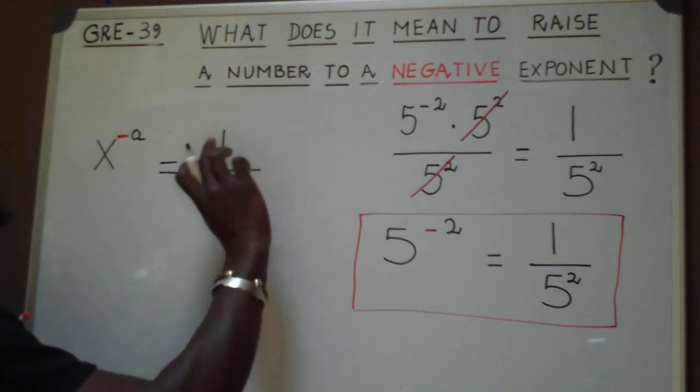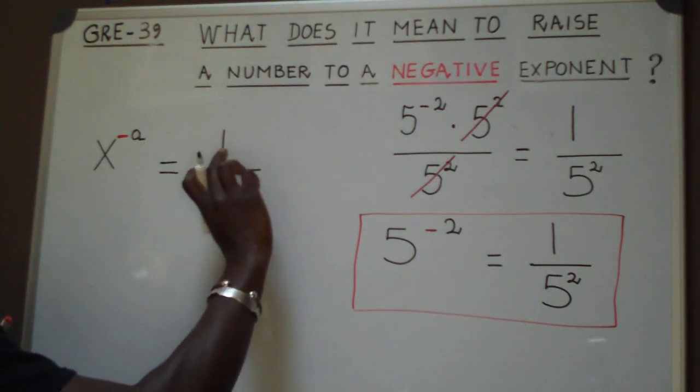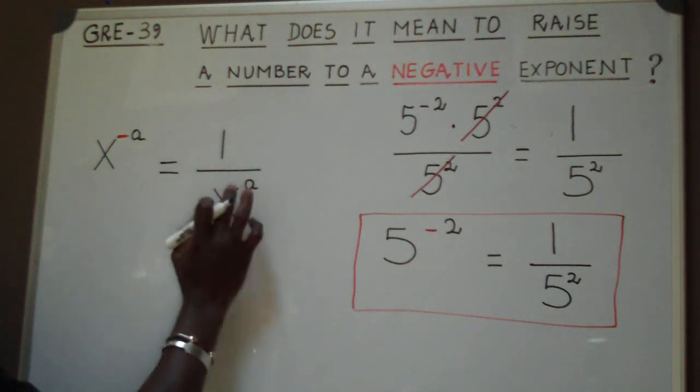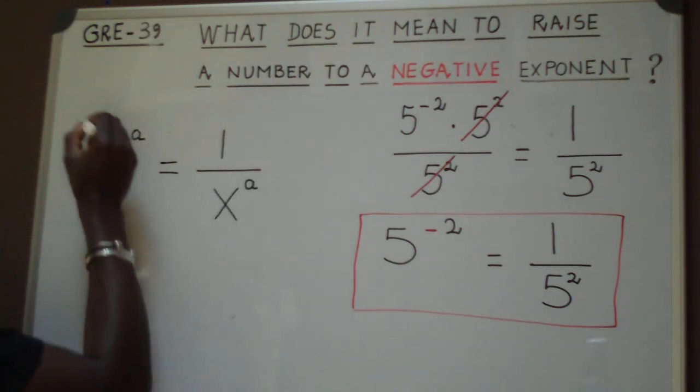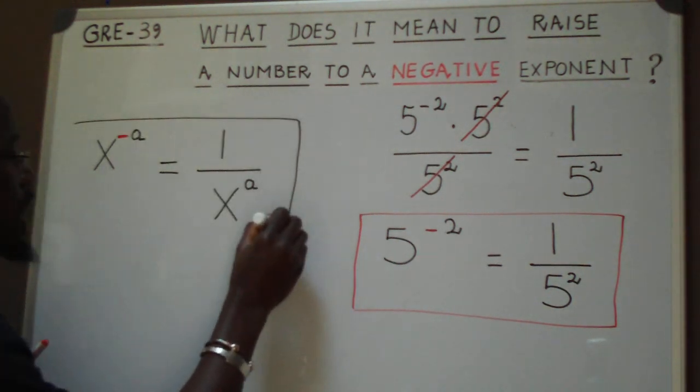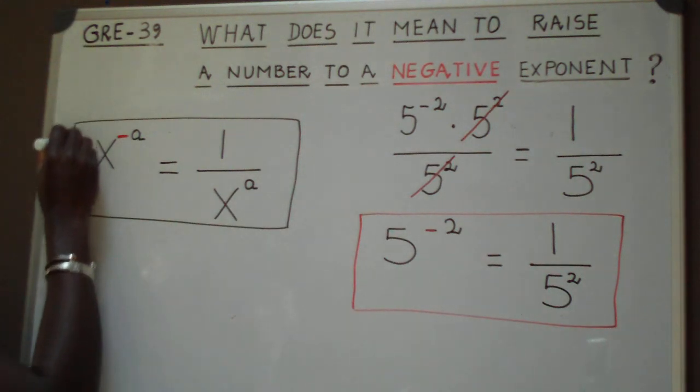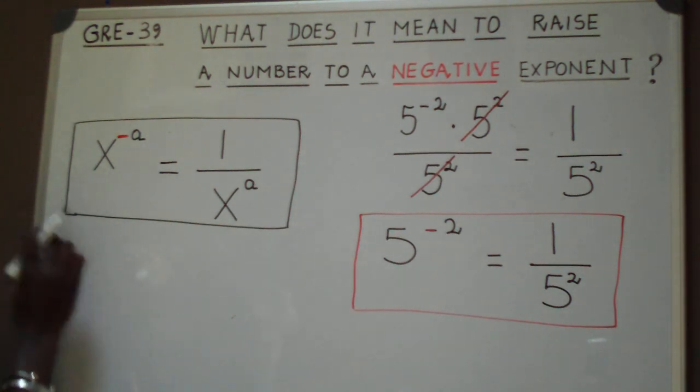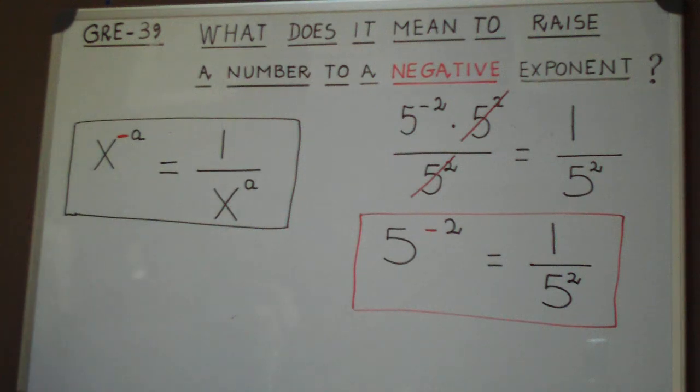So when you are taking the inverse, you forget about the negative sign, and this is the general formula. I hope you understand this, and we will use this formula in our subsequent tutorials and lectures to come.